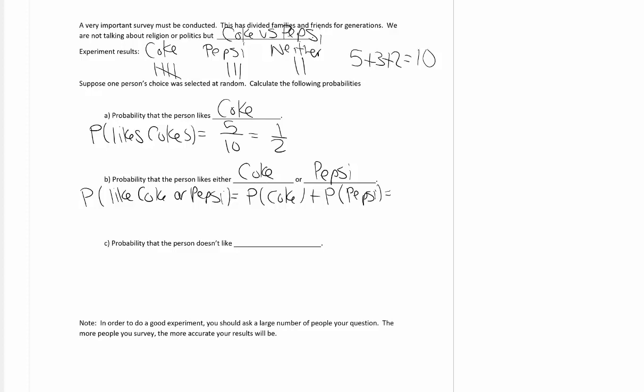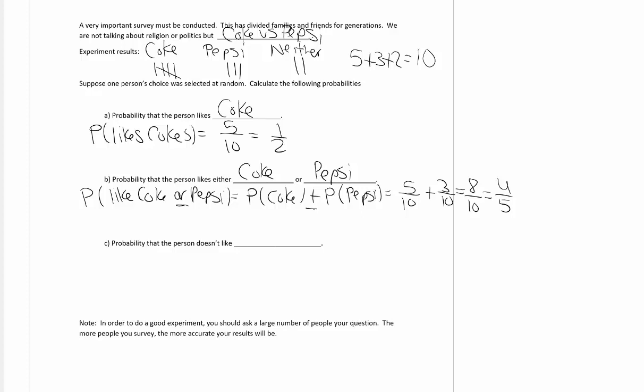We've already determined the probability of liking Coke, that's 5 over 10. Pepsi, that is 3 over 10. So that's 8 over 10. Divide the top and the bottom by 2. That's 4/5. So when I see the word or, I'm going to take the two probabilities and add them together.